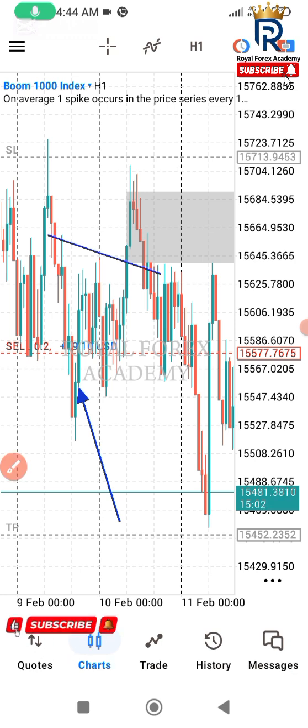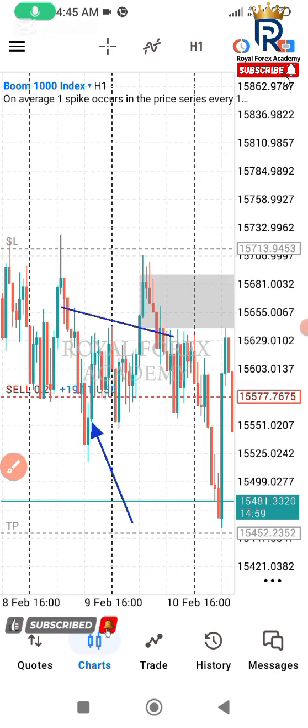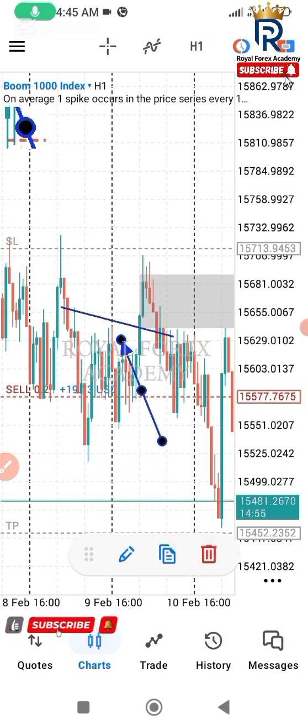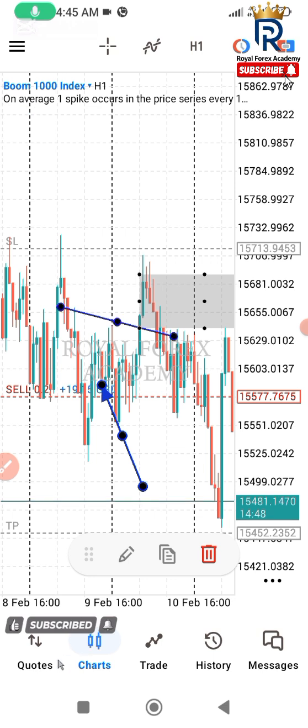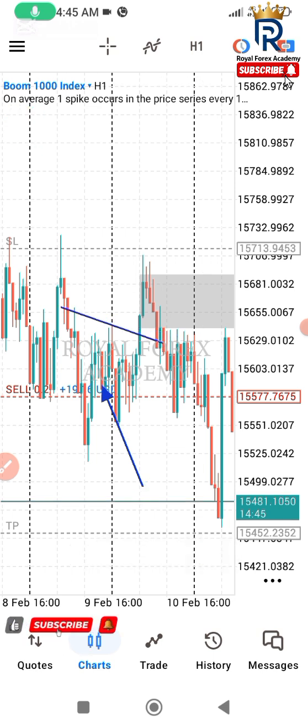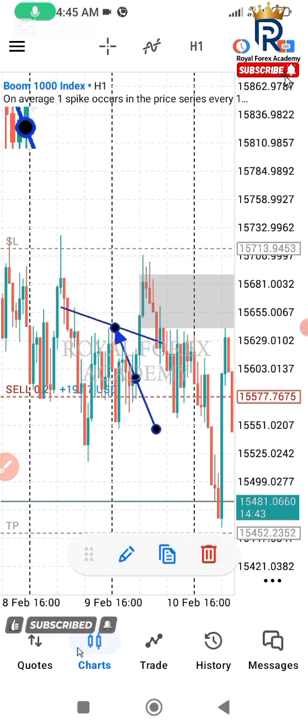Then I look for liquidity. Where is the liquidity in this price movement? So I saw that there's an internal dynamic liquidity at this zone. You can see that is the liquidity I'm referring to.